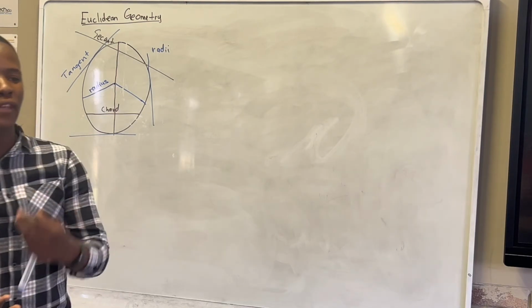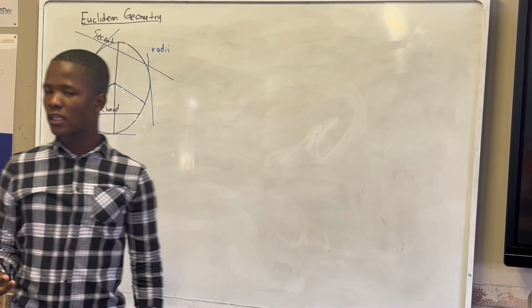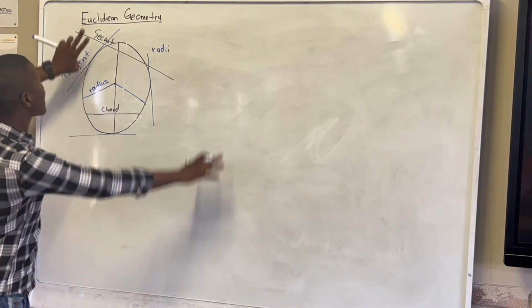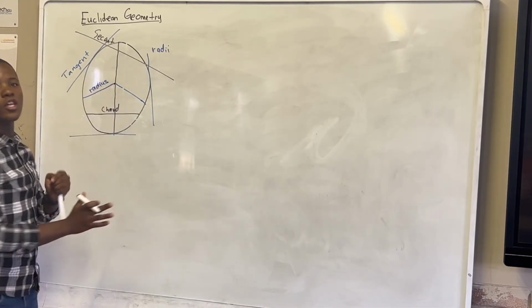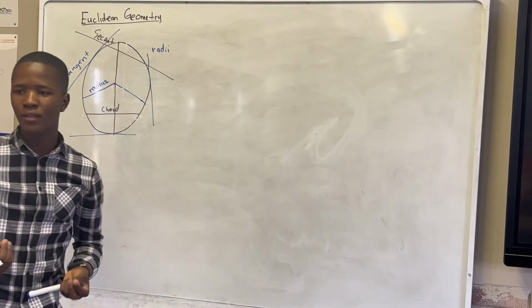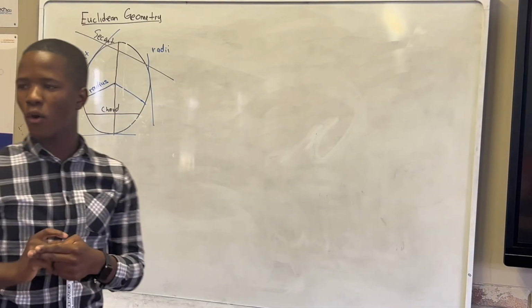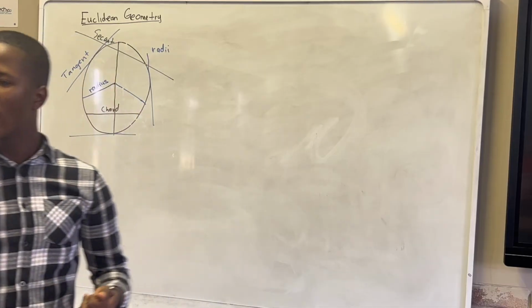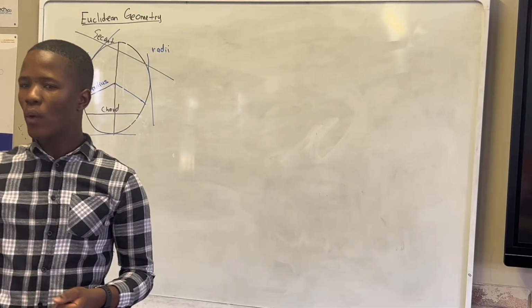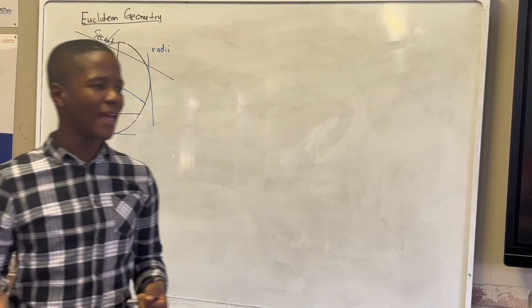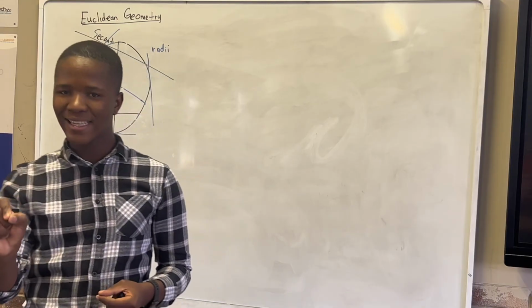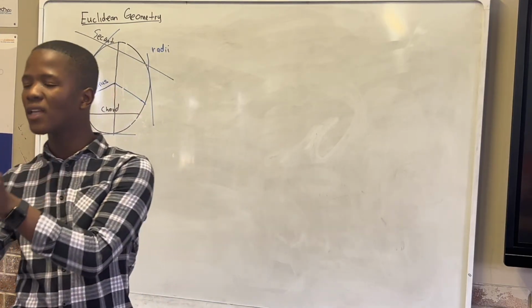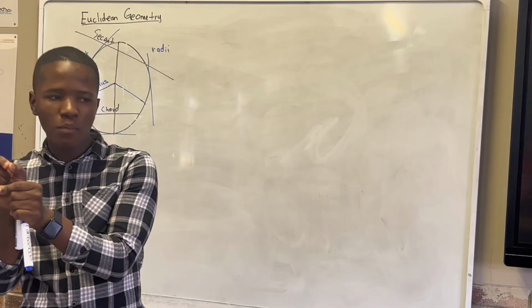So these are some of the very important things in order for us to understand the ideas within Euclidean geometry. Just to recap, we have our circle, which is the set of points drawn at equidistance from the midpoint.